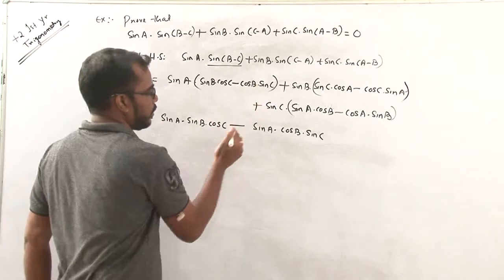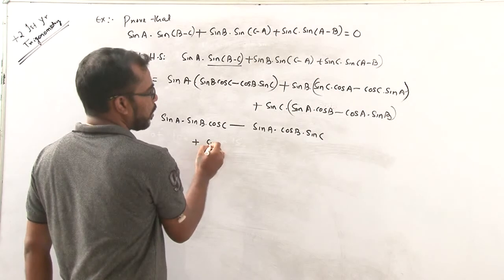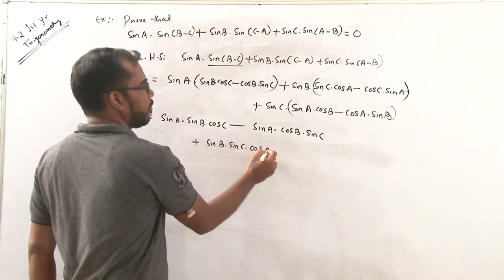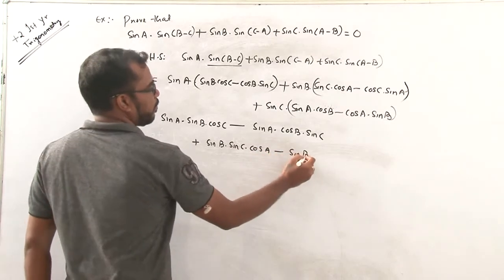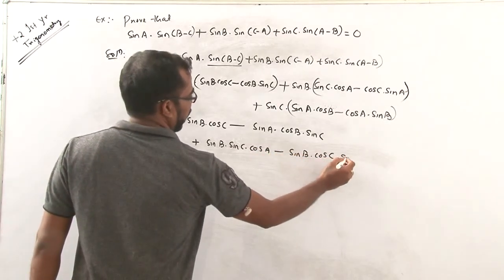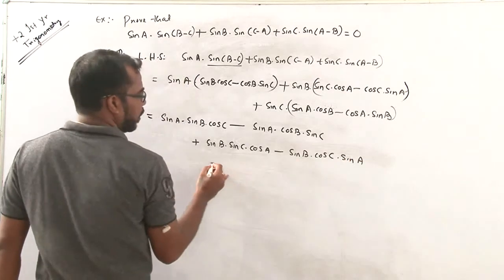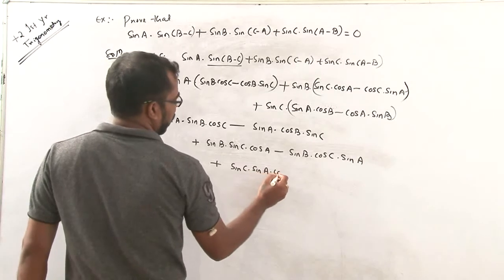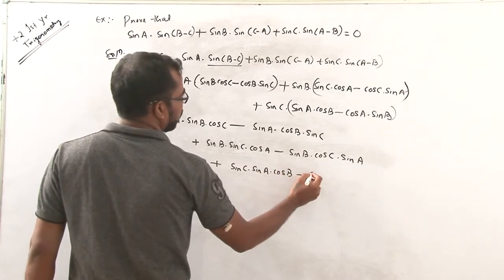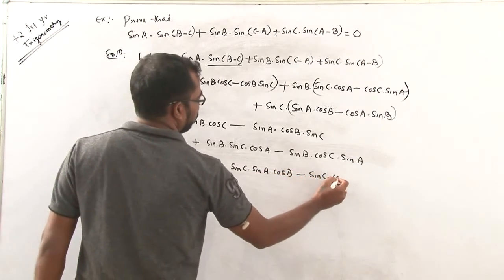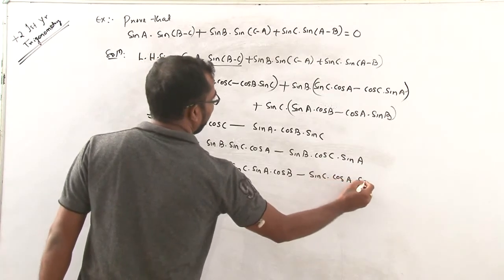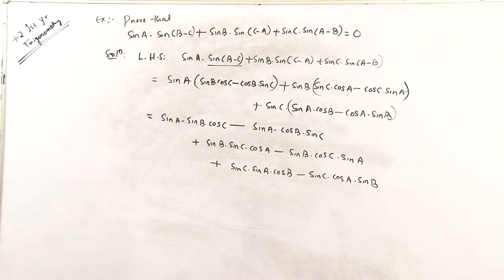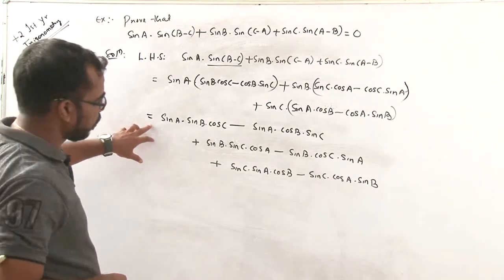Next one is plus sin B sin C cos A minus sin B cos C sin A plus sin C sin A cos B minus sin C cos A sin B. Now check whether it cancels or not.